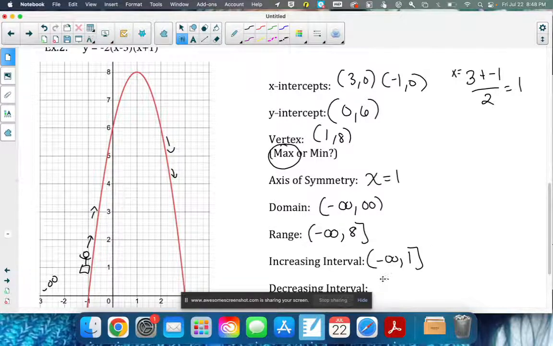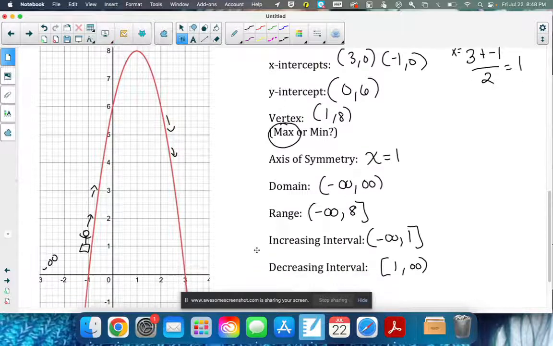And then it's going to decrease from 1 to +infinity. And I know that sounds weird to decrease to something that's positive, but because we're going across from left to right, like reading, that's how that works. This graph is going to keep going down forever. So as it's going to the right, it's just going to keep going down and down and down.